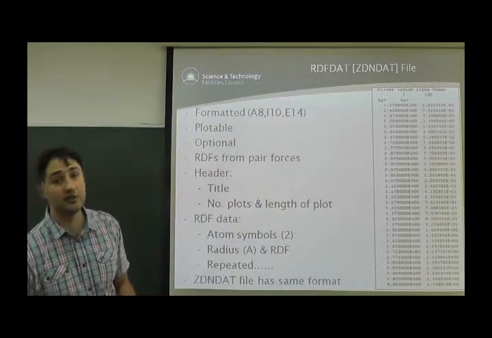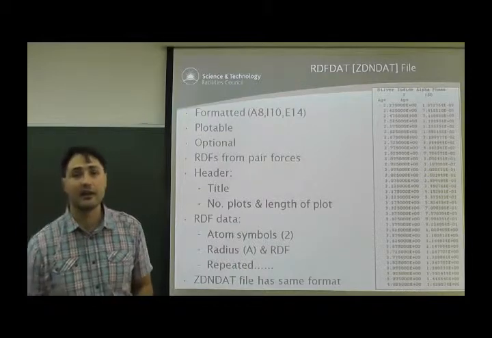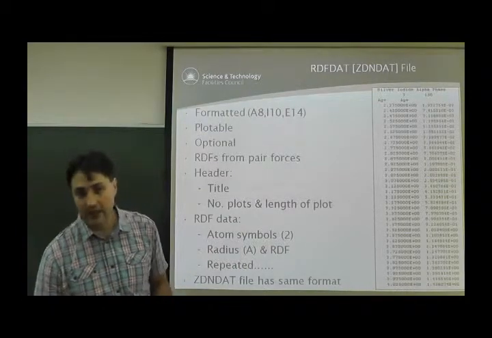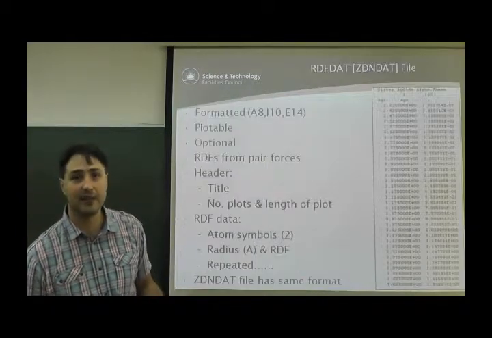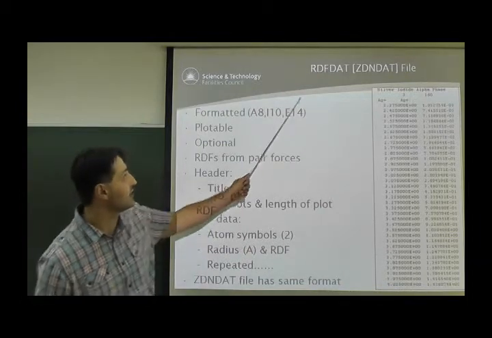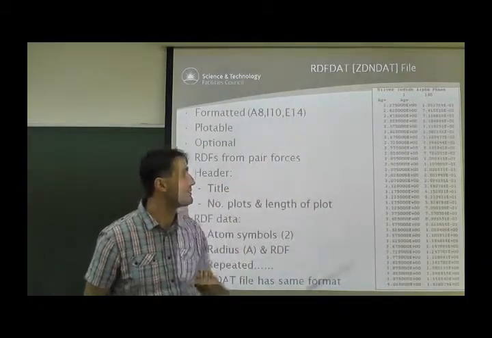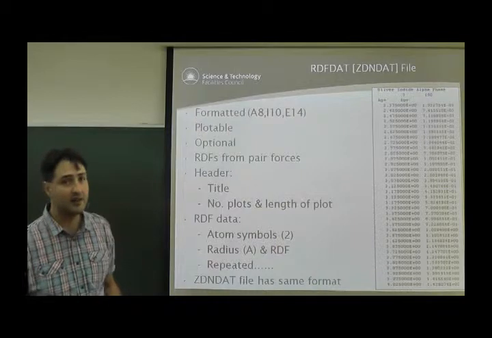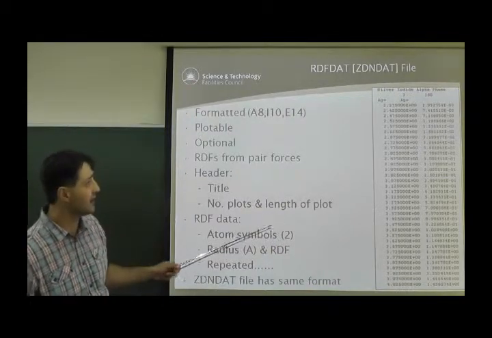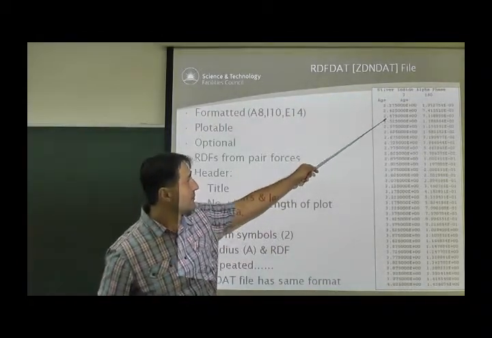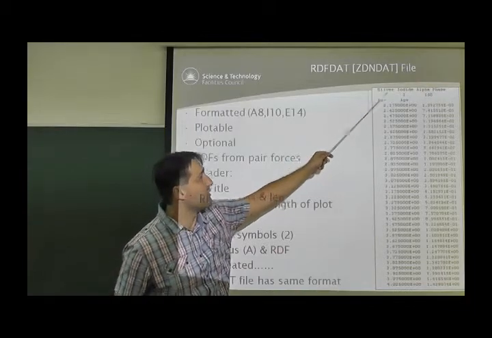The radial distribution function and the Z-density data are printed in RDF.dat and ZDN.dat files. They're very similar. What they have is a title line.